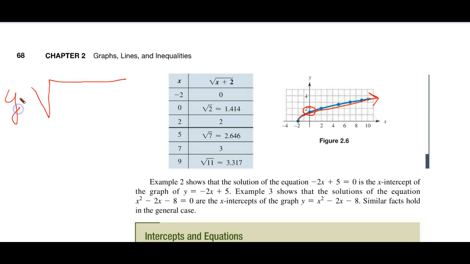So this is y equals the square root of x plus 2. When we have a negative 2 there, that's the lowest, and in a sense that's our x-intercept there.